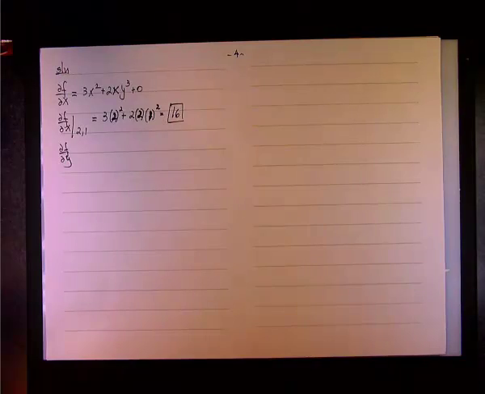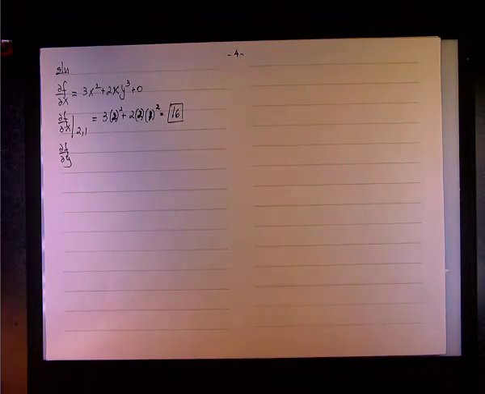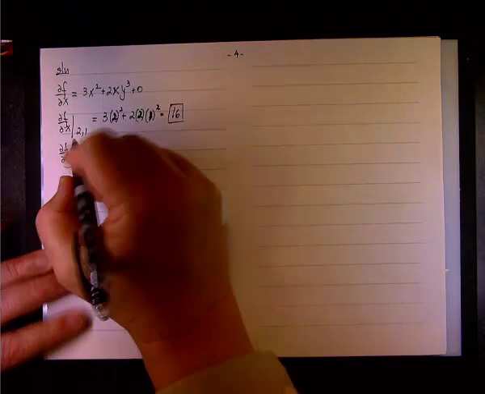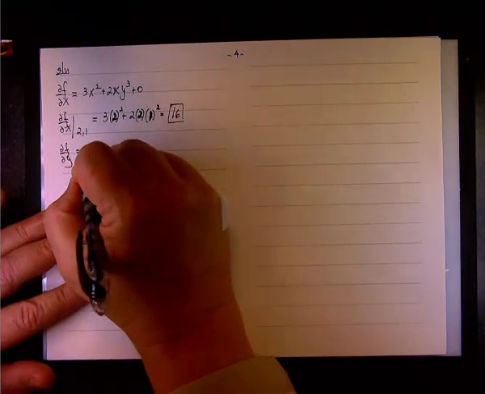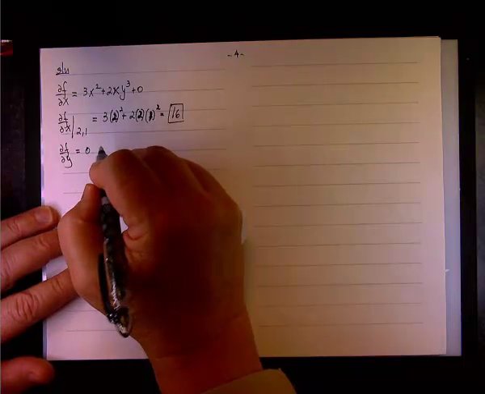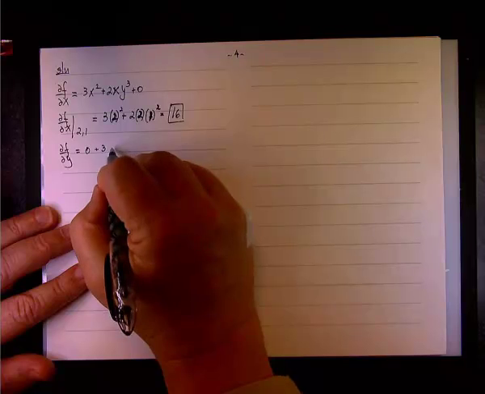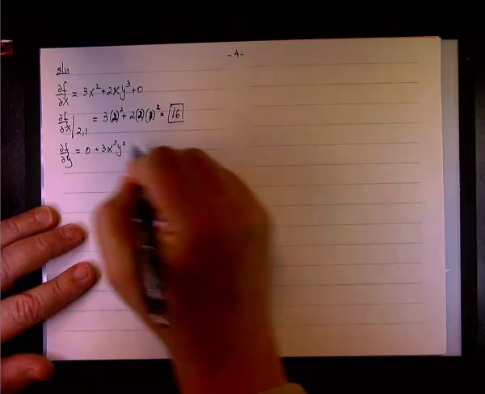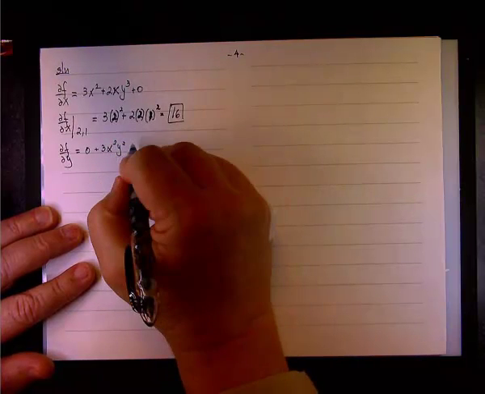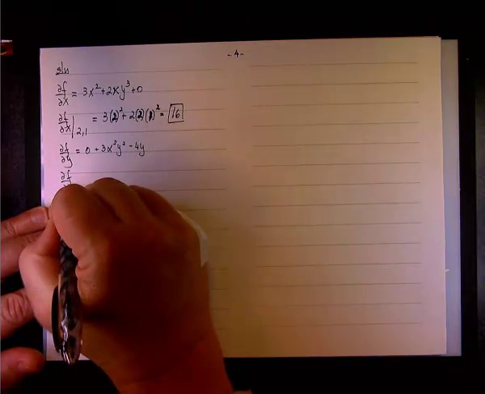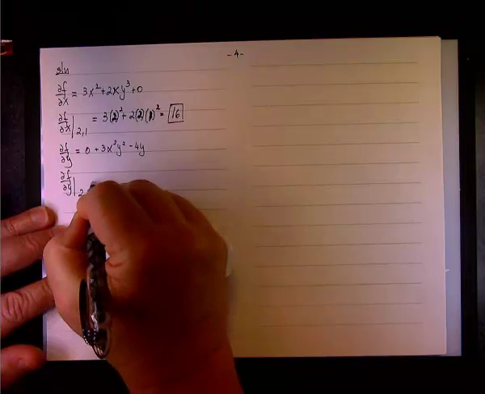Del f del y. Let me look back at the function. Now we're going to differentiate. So the derivative of x cubed is 0, and then the derivative of x squared y cubed is 3x squared y squared, and the derivative of negative 2y squared is negative 4y.